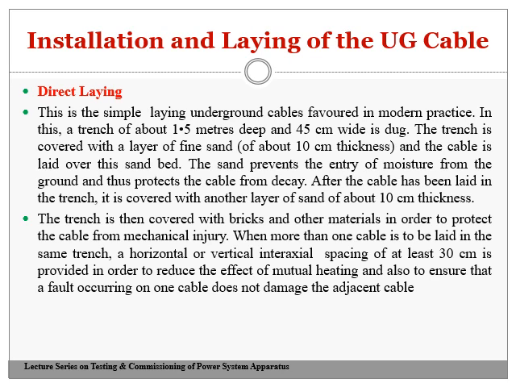After the cable has been laid in the trench, it is covered with another layer of sand. First we dig the trench of specific dimensions, then we put the sand bed, then the cable is kept, then above that once again a sand bed. After the cable has been laid down, it is covered with another layer of sand of 10 centimeters thickness. That is the second process.